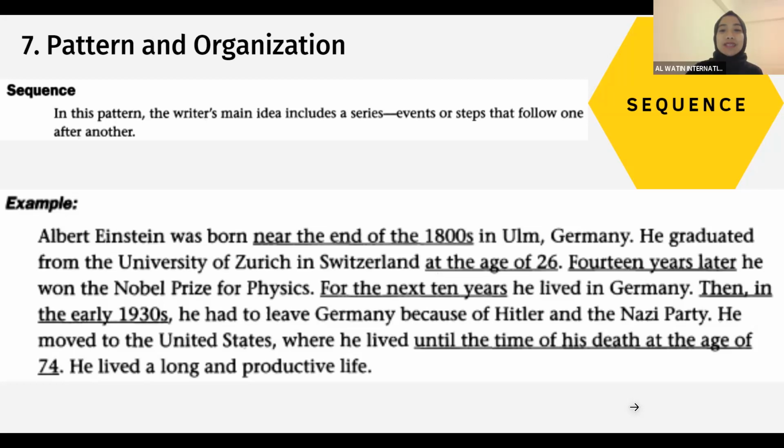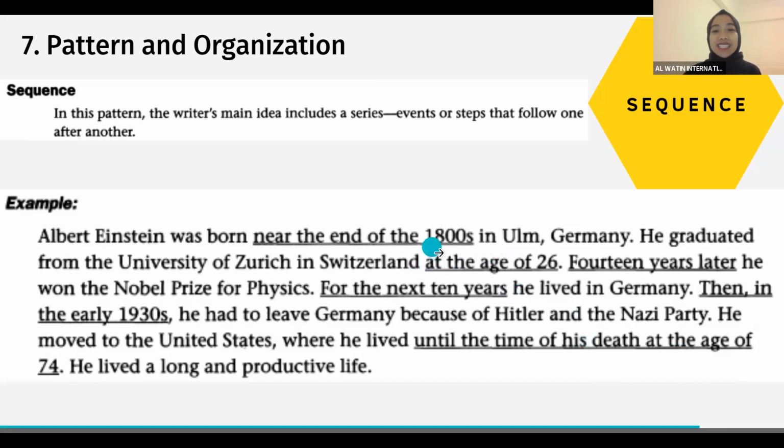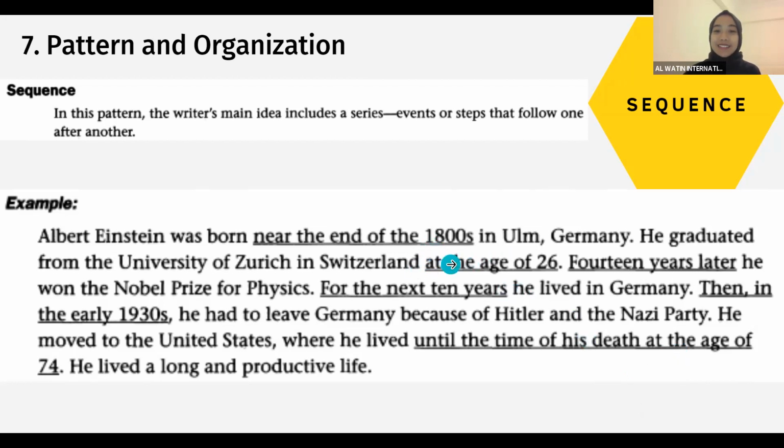We can say 1800s or the 18th. Okay, 1800.